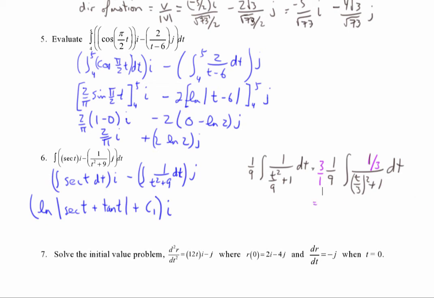So this will give us 1/3 inverse tangent of t over 3 plus some constant c2. So all we do is bring that over here, write it, minus 1/3 inverse tangent of t over 3 plus c2, put all of that as our j component, and that's it.